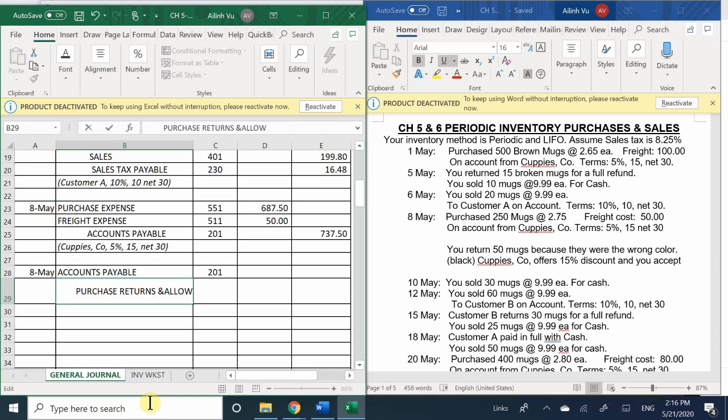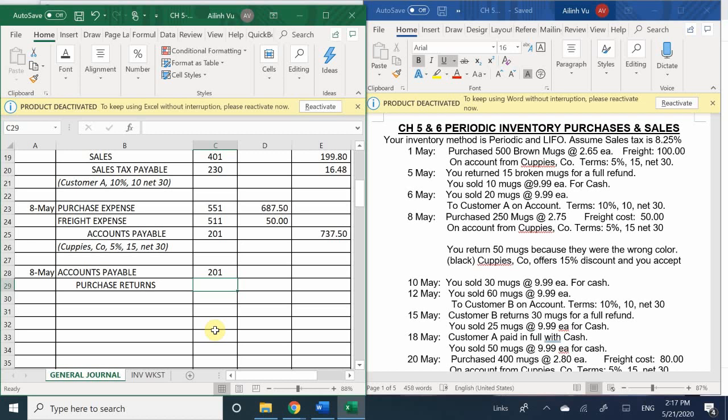So they're not returning the item, we're still keeping the items. I'm asking you, why are we not using purchase discounts?